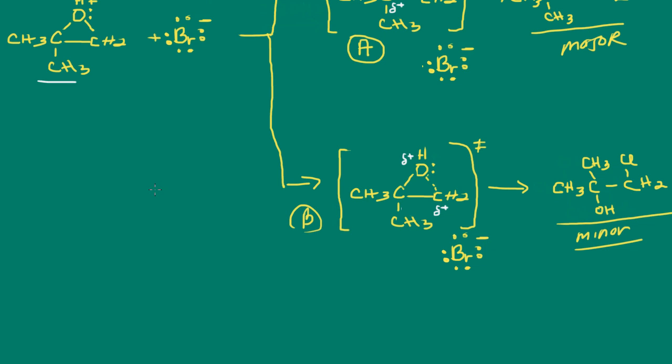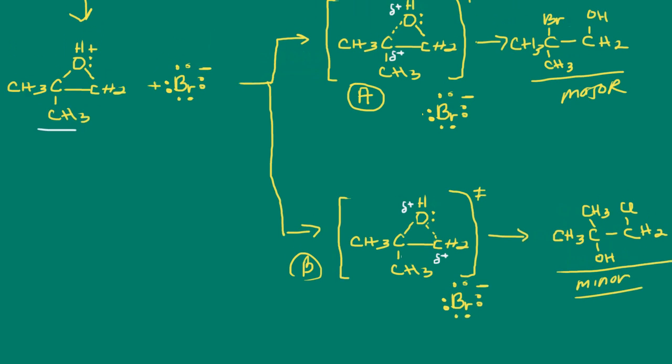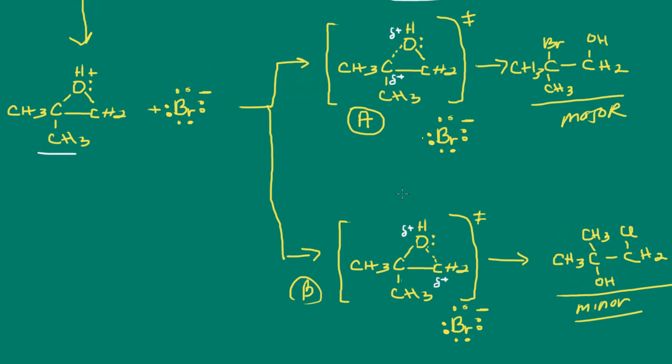In an SN1, the intermediate is a carbocation. But in this case, a carbocation does not fully form, so it's not quite SN1. However, it does produce the same product because the more substituted carbon is attacked by the nucleophile.